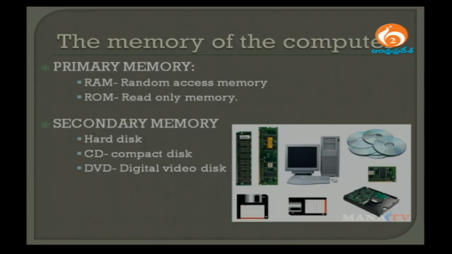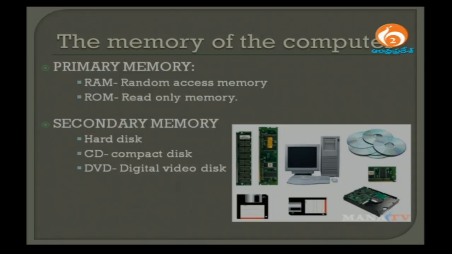You should always remember that primary memory is always used to take up the challenge, but in secondary memory we can store in a device. It can be any electronic device. And we can see here three devices: hard disk, CD, and DVD.